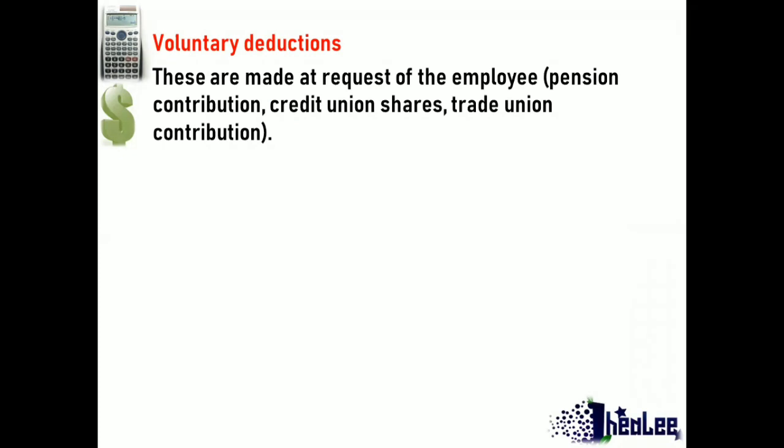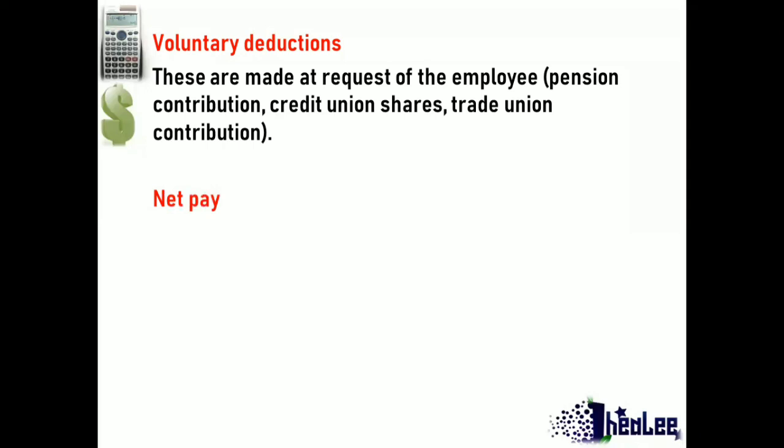You might take out a loan to purchase a car, or probably one of those unsecured loans, or it could be a secured loan, and you ask your employer to take out that installment for you on a monthly basis or weekly basis and pay it on your behalf. That payment that is taken from your pay is a voluntary deduction as well.